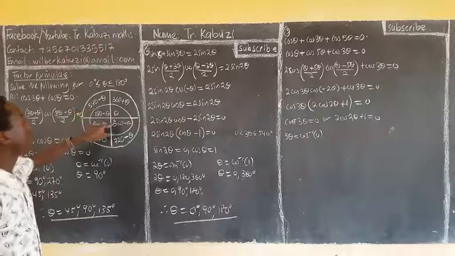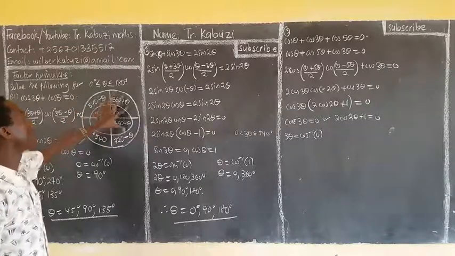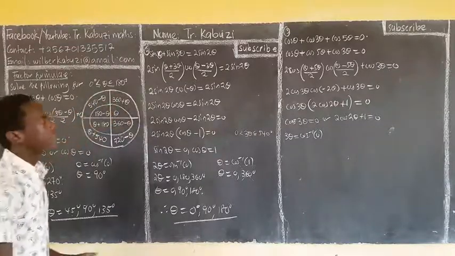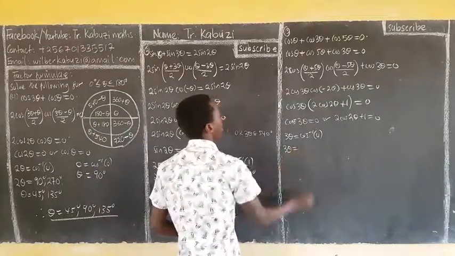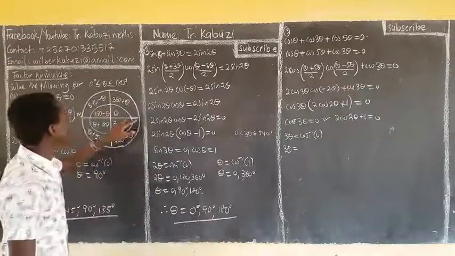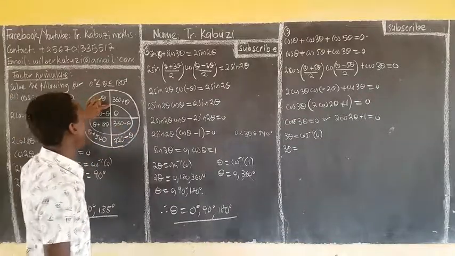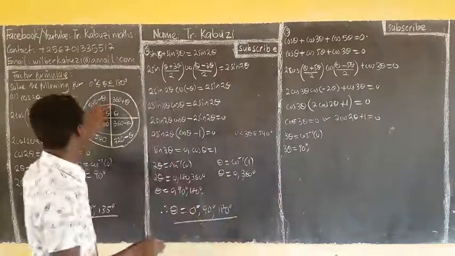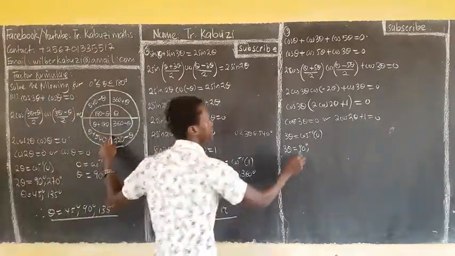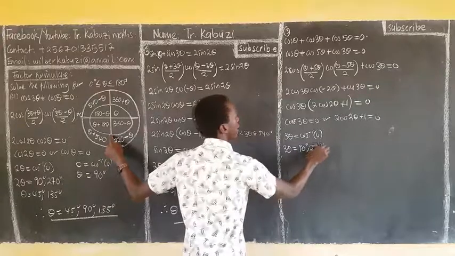So now we are going to use this, and then we will also use this upper one. You see that here, cos is 0 if it's 90 first of all, comma, if it's 270, comma.